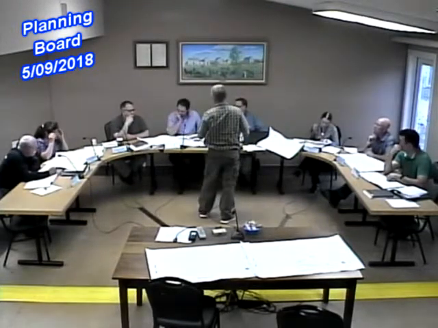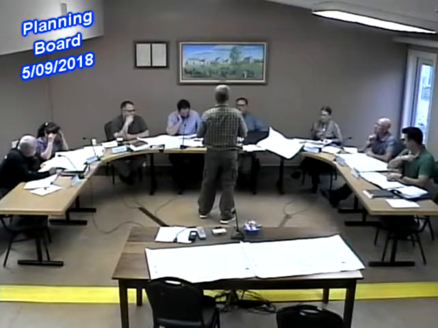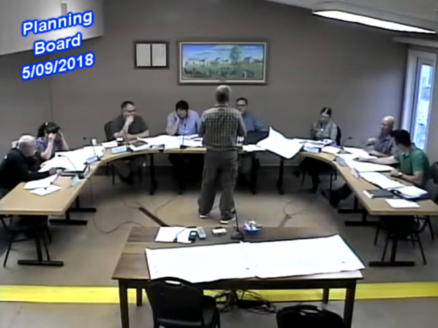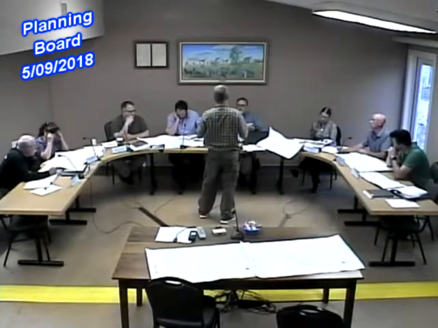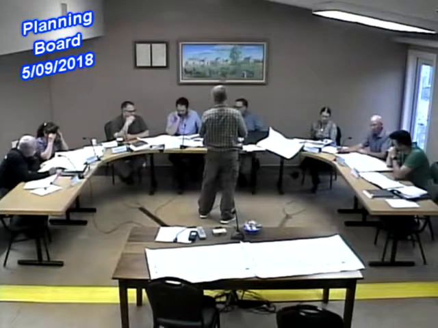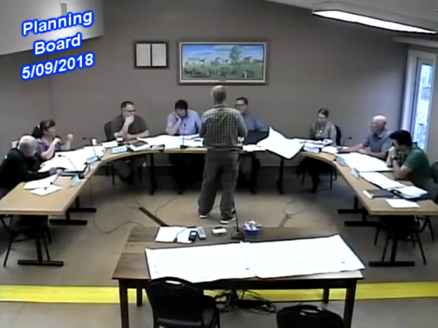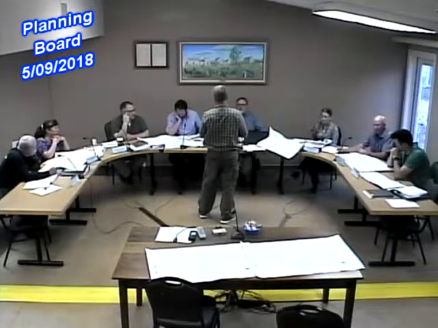If I don't get the variance, I'm going to lose 2 or 3 lots. We're not going to get 6 lots, we're going to get 4 lots at the most. So I need to get my variance, then go from there. And this is exactly why we have zoning regulations and subdivision regulations, because if you're building 6 lots where really it should be 4, then maybe it should be 4. That's why we have these regulations.